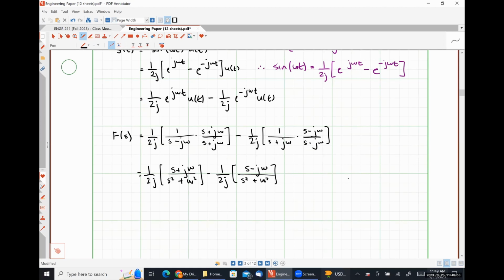What's going to happen here? Well, the s's are going to cancel each other out, and we're going to wind up with 2j omega divided by 2j. This looks like omega over s squared plus omega squared. Again, could have done it with integration by parts and spent 45 minutes on it, but we didn't. Excuse me, squared. Thank you. Sorry, I'm assuming that's what you're raising your hand about.